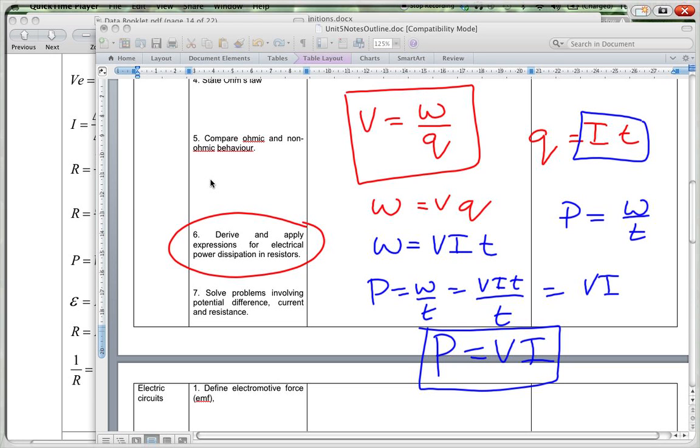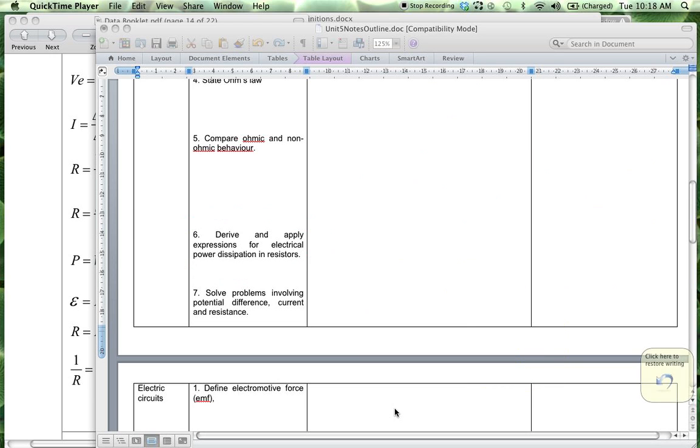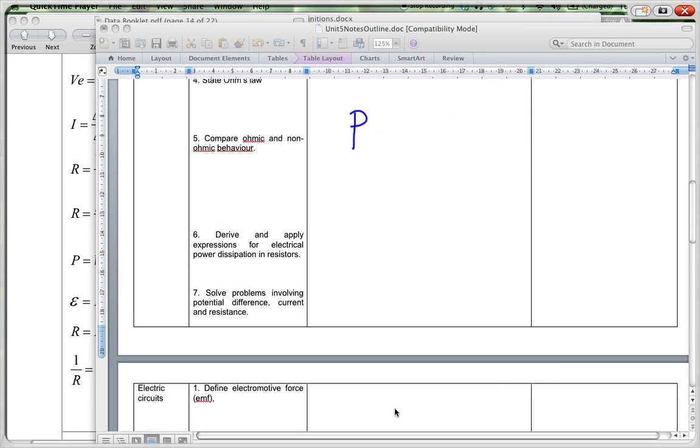Now just to go from there, so I have power is equal to V times I. I have got V is equal to I over R. Do I not? No, I don't.